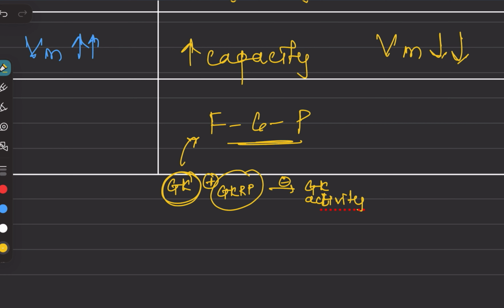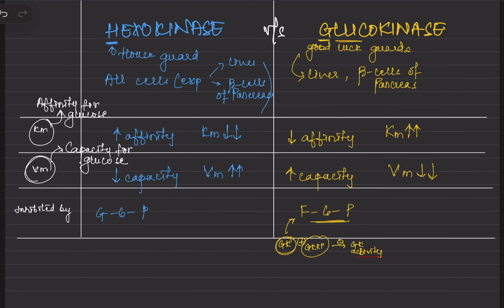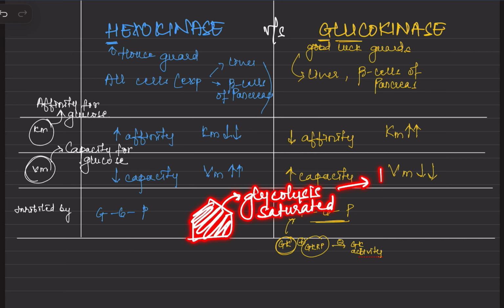But a very smart question here would be that when my houses are full and fully saturated, which means glycolysis is saturated, and if glycolysis is saturated, you have too much fructose 6 phosphate, which is going to inhibit your glucokinase.